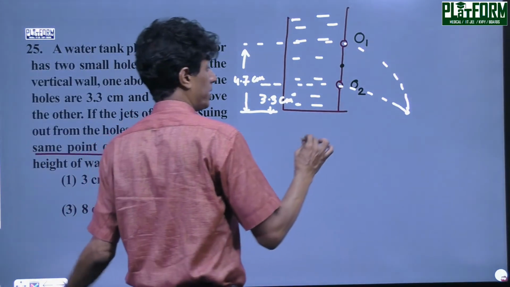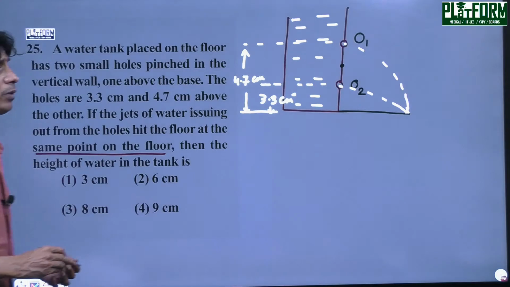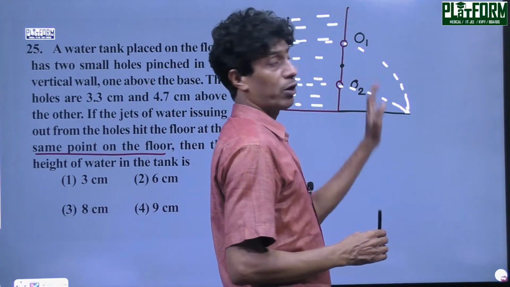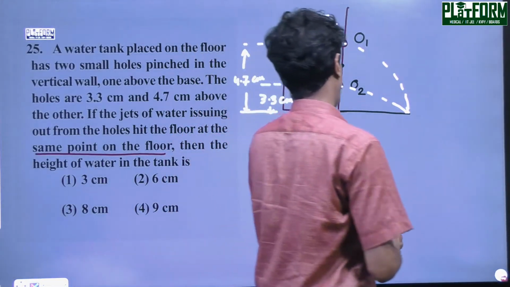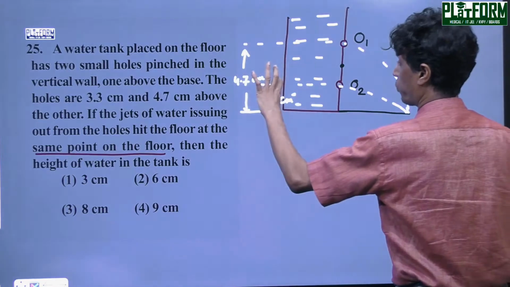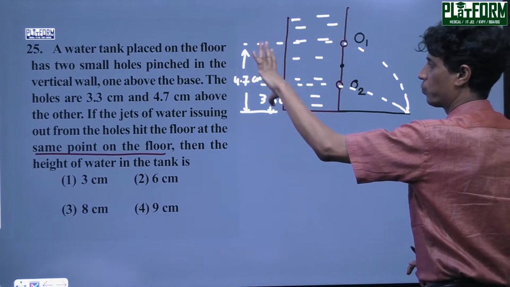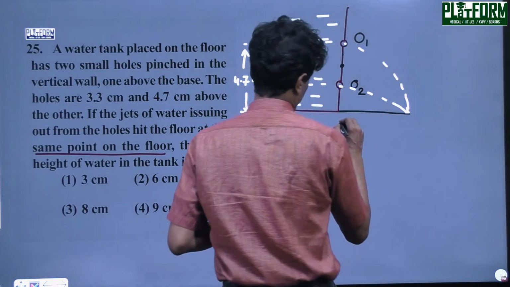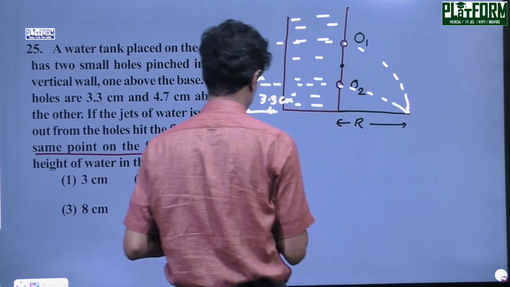The ranges of both the liquid jets coming out of the orifices O1 and O2 are equal, and this range is equal for both cases.